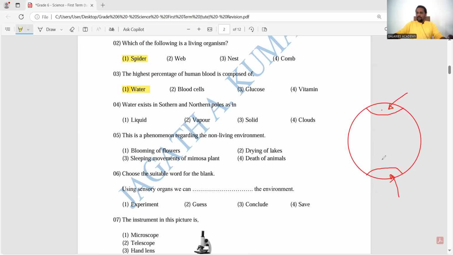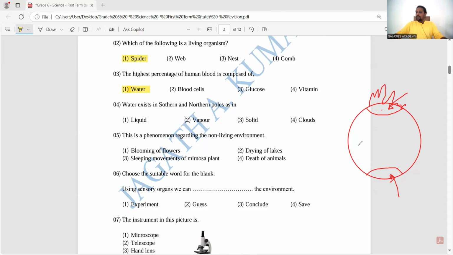This northern pole and southern pole contain, do you remember, glaciers, no? Glaciers mean what? It is similar to a mountain of ice, right? Ice mountains, like that. Glaciers are found near the southern and northern pole areas.